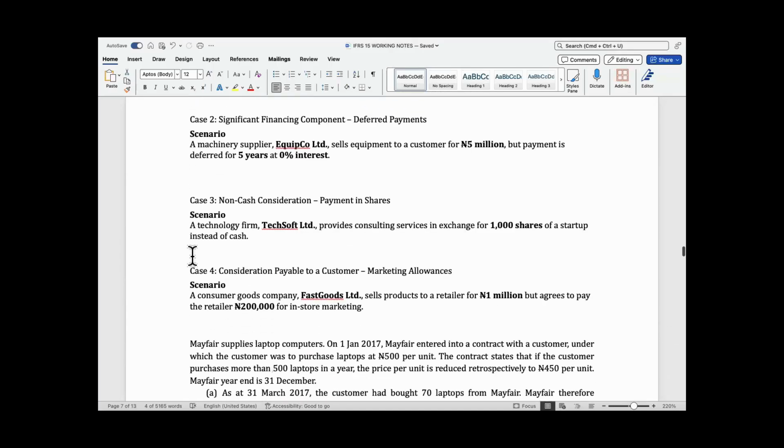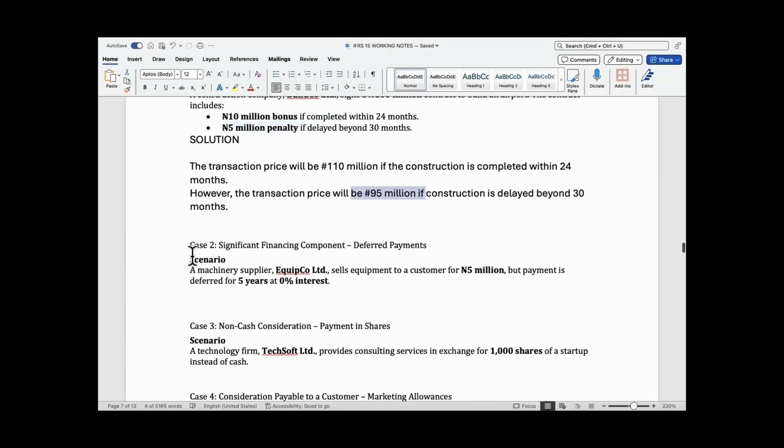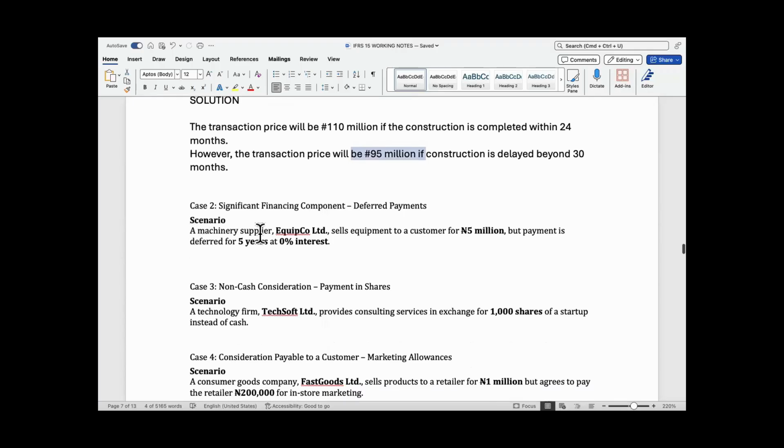Another scenario, we're told that a machinery supplier, Equip Co. Limited. Yeah, Elozo, you have a question? Yes, sir. The question is, what if it took the company 25 months to complete?